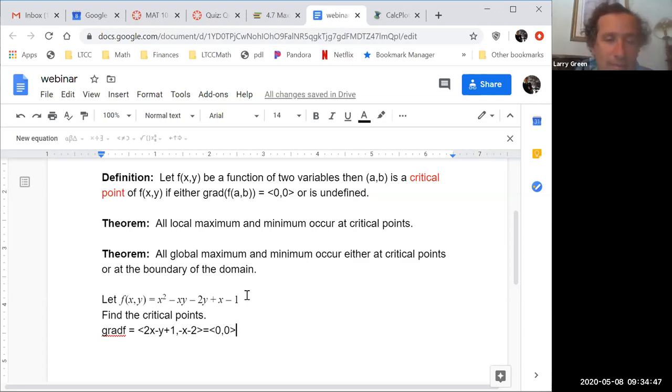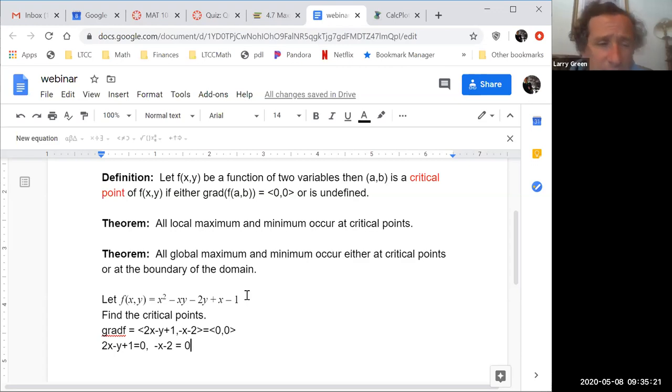This gives you 2 equations, 2 unknowns, because when you set 2 vectors equal to each other, you can set their components equal. So 2x minus y plus 1 equals 0, and negative x minus 2 equals 0. Any questions on that?